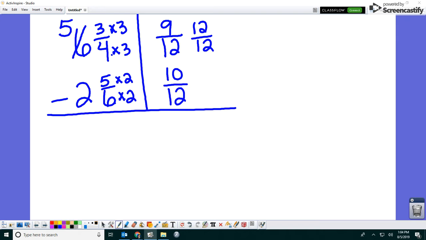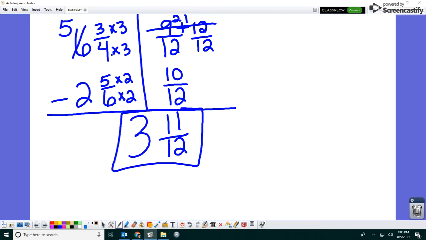So I'm going to add the 12/12 to the 9 that I already have. And I like to just cross that out and write their sum right there. So now I have 21 minus 10 gives me a difference of 11/12. And then I come back over to the whole numbers. 5 minus 2 is 3. So I end up with 3 and 11/12.